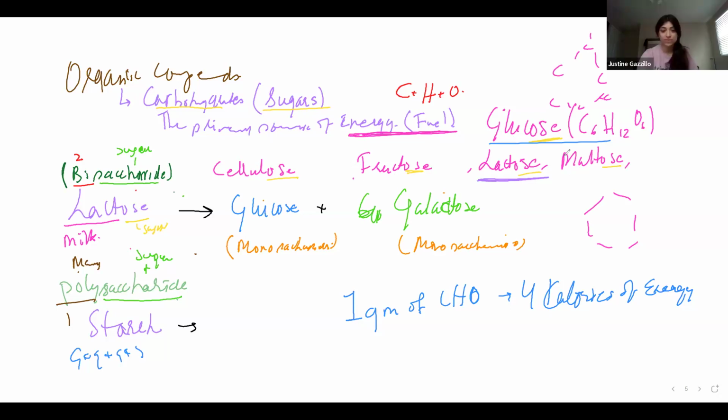But generally, if you take any sugar molecule and break it down, these are the 3 types of atoms or elements that come out of it. And that's pretty much why we call them carbohydrates, because they're mainly made up of carbon, hydrogen, and oxygen.